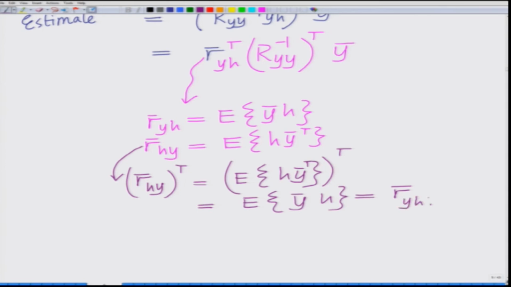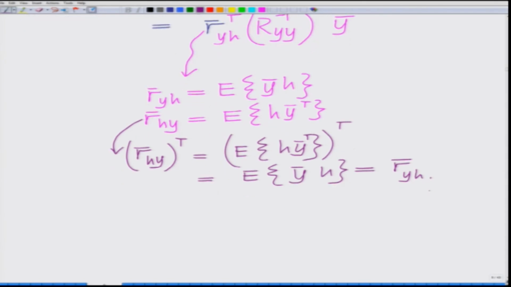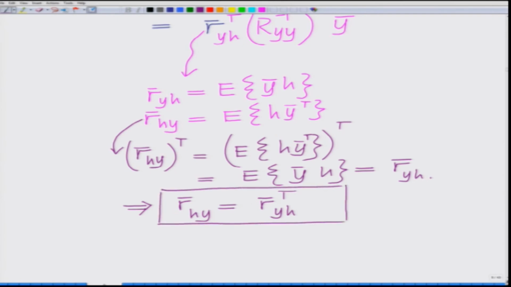So R bar HY transpose is R bar YH, which means R bar HY is equal to R bar YH transpose. Okay, so this is the relation between these two quantities: they are transposes of each other.